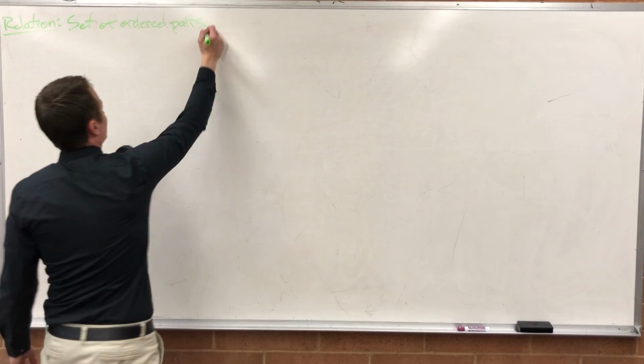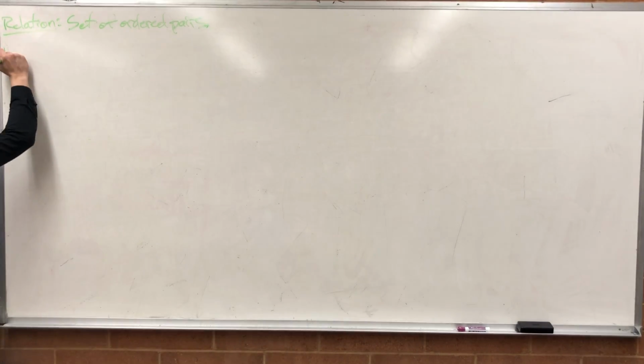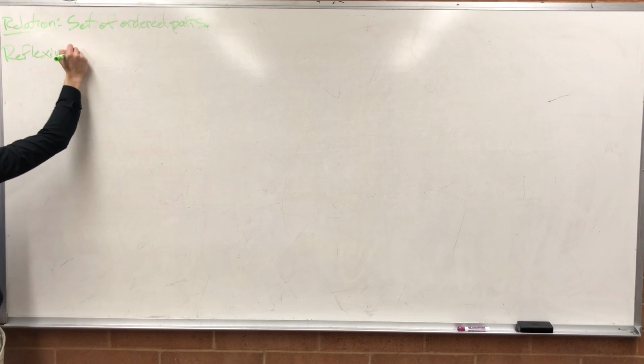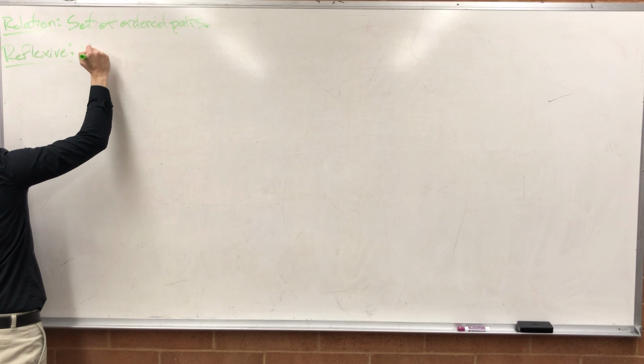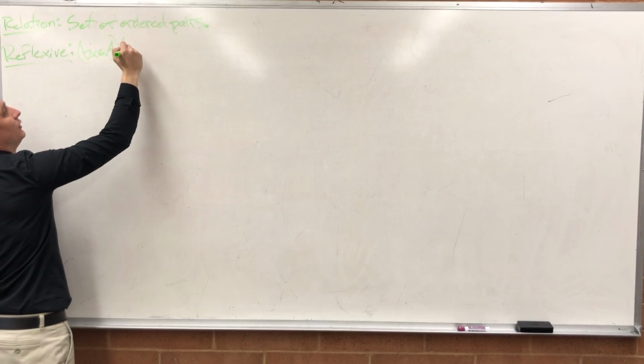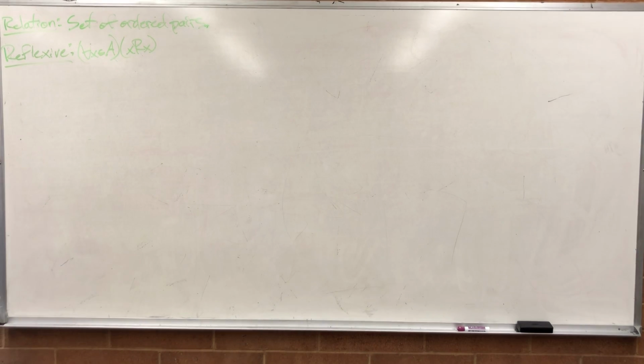What were they? Reflexive. What was reflexive? X is related to X. Reflexive meant for all x in A, whatever the set is that our relation is defined on, x is related to x, right? Okay. What else did we have?